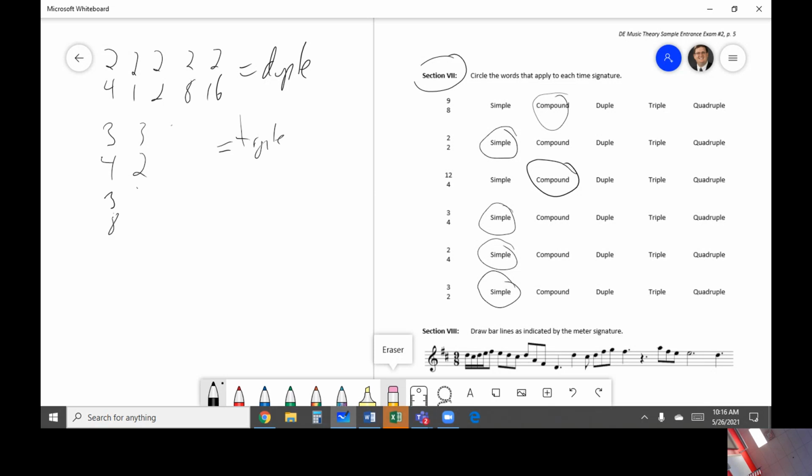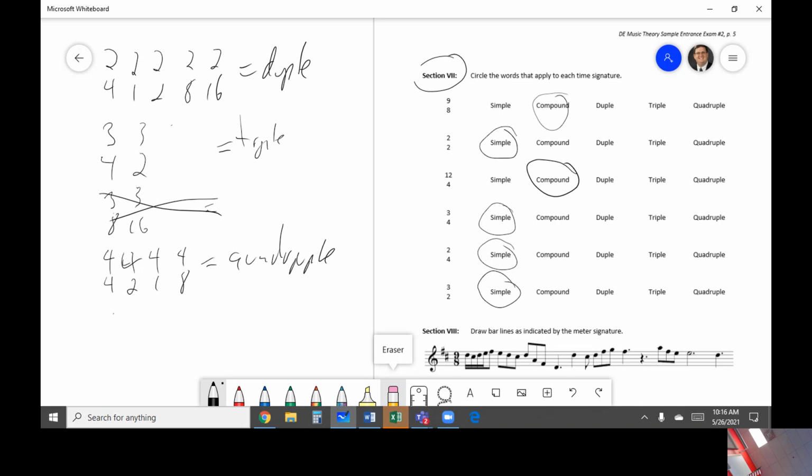But if it's 3-8, 3-16, well, I guess there's not really anything to put there because that would just be 1 beat per measure, right? If there is a 4 on the top, 4-4, 4-2, 4-1, 4-8, that's going to be quadruple.